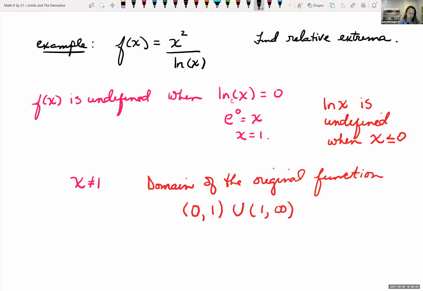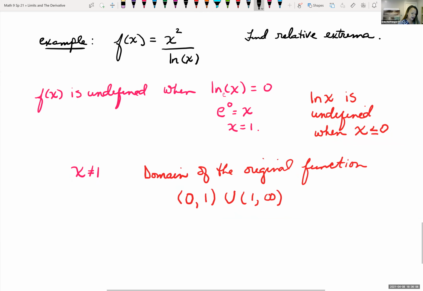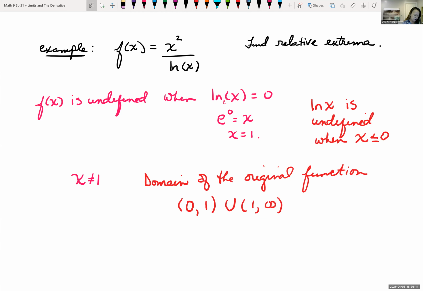Okay, so we want to find our critical numbers, and we're going to find the derivative to do that. Looking at the derivative, I notice I got to apply different rules. I need to use the quotient rule. Quotient rule says we're going to look at the derivative of our numerator. So derivative of x squared, which is 2x, times my denominator, natural log of x, minus my numerator, which is x squared, times the derivative of the denominator.